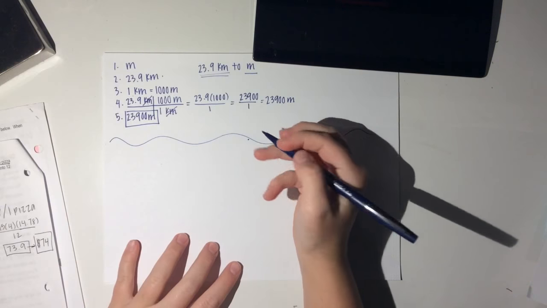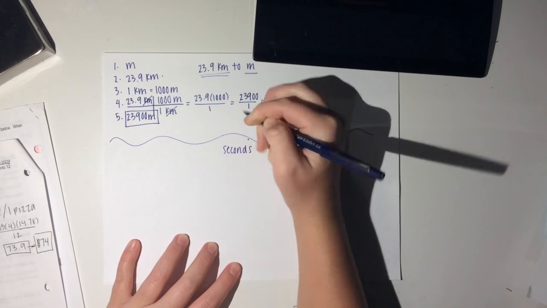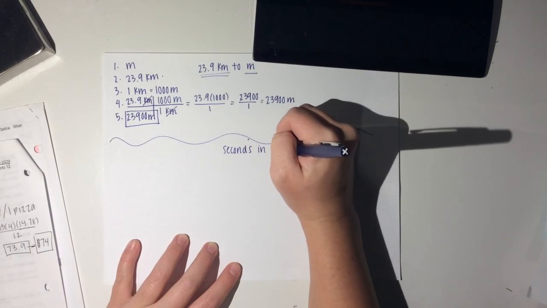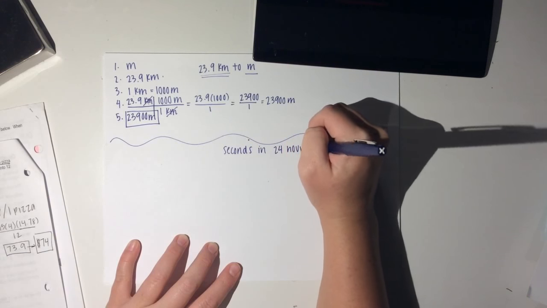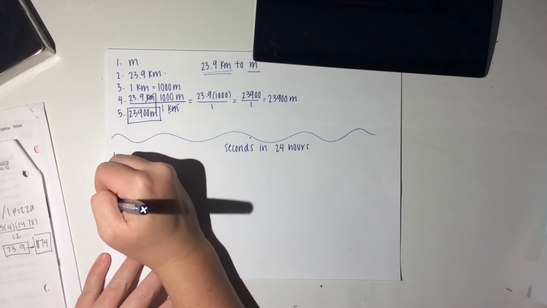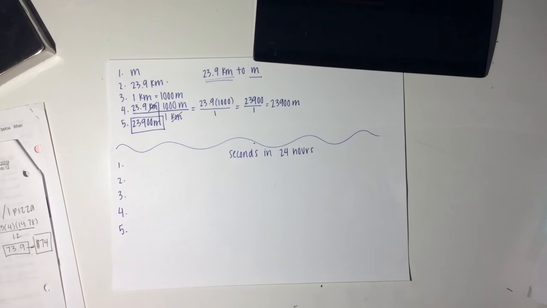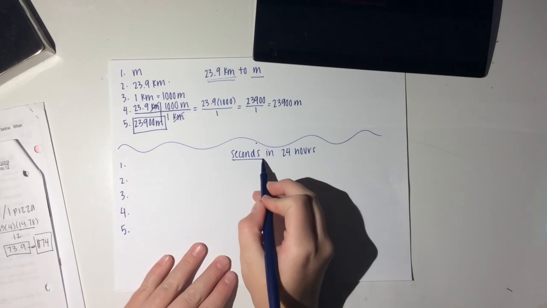This time, we're finding the amount of seconds in 24 hours. So let's go ahead and write our steps. Okay. Step 1 is our unknown variable, seconds.